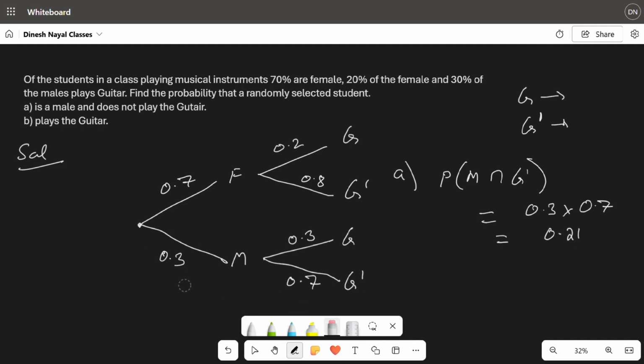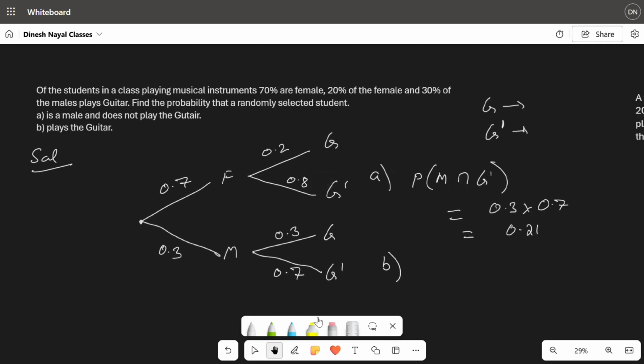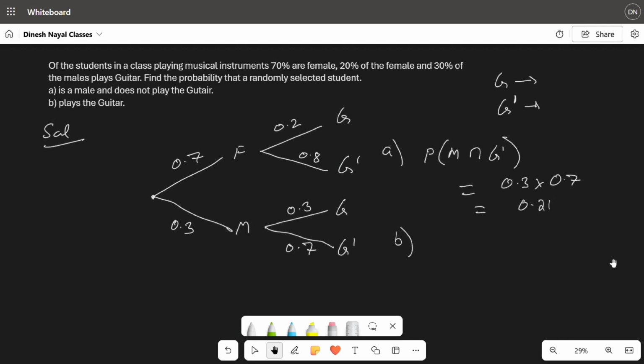Okay, now for the B part, plays the guitar. Now they are saying they plays the guitar. That person plays the guitar. So that could be a female playing a guitar and a male playing a guitar. So if we write this, probability of male playing guitar plus probability of female playing guitar.